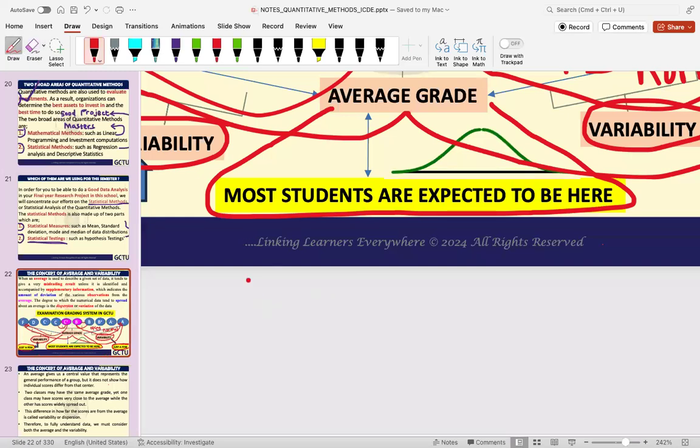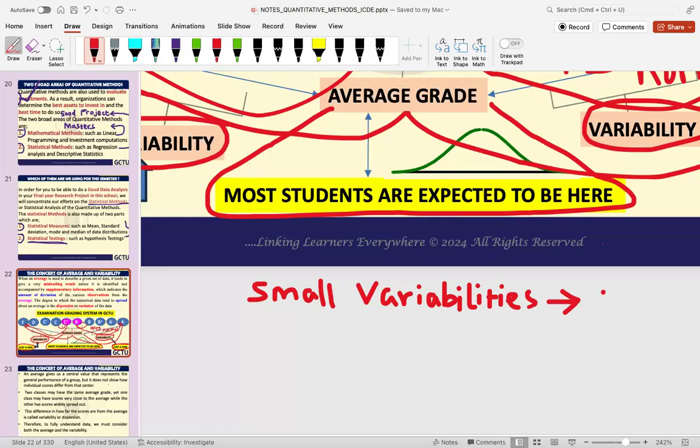Now, in business, we encourage small variabilities. Why? Because they are safe.